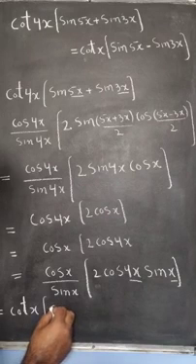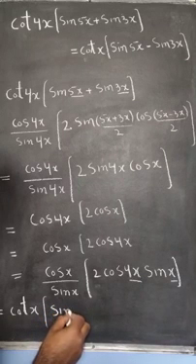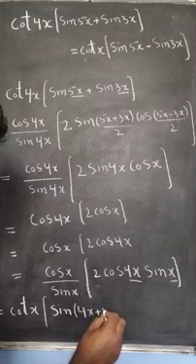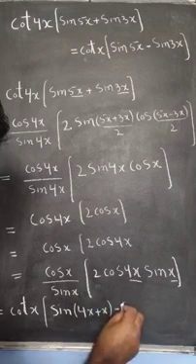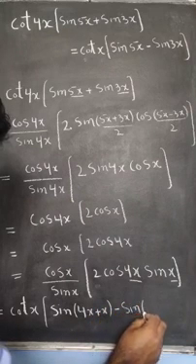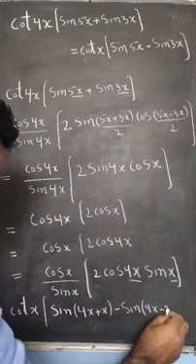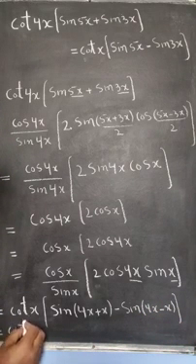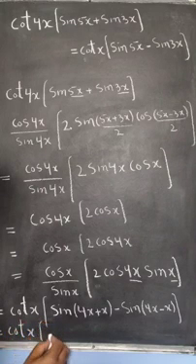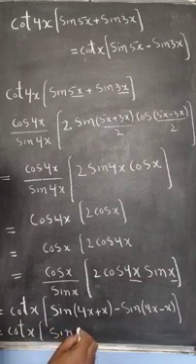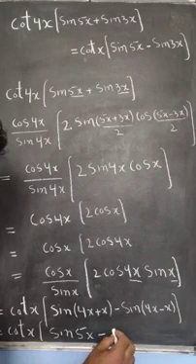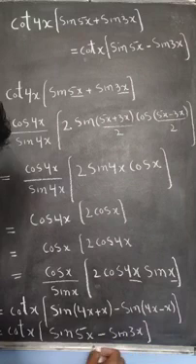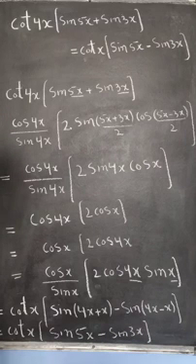So we can use the formula sin a plus b, that is sin 4x plus x, minus sin a minus b, that is 4x minus x, which is further equal to cot of x into sin 5x minus sin 3x, which is equal to RHS. That proves that result.